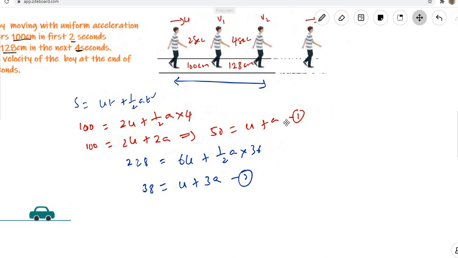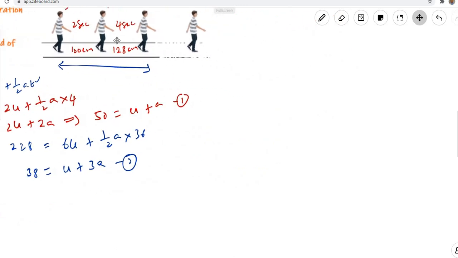Now we need to solve both the equations. So I'll write the two equations. 50 = u + a, and 38 = u + 3a.